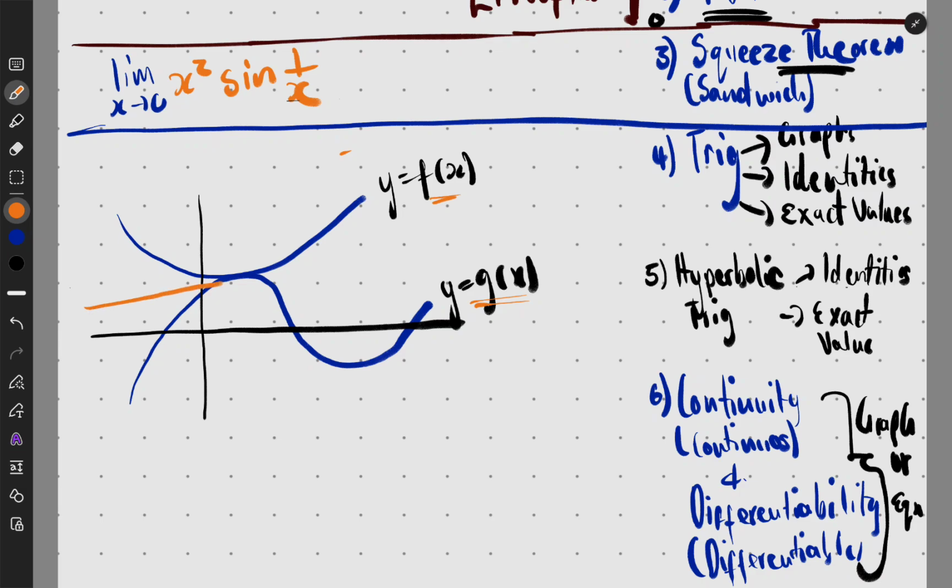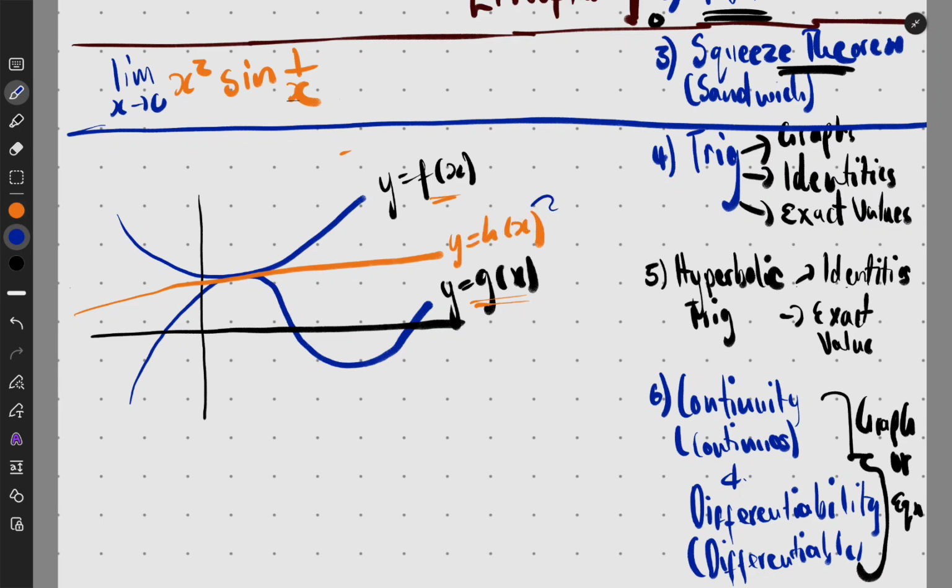If we now come with a third function which is coming like this, a function which is always going to be in between these two functions that we have, we can call this function y equal to h of x.